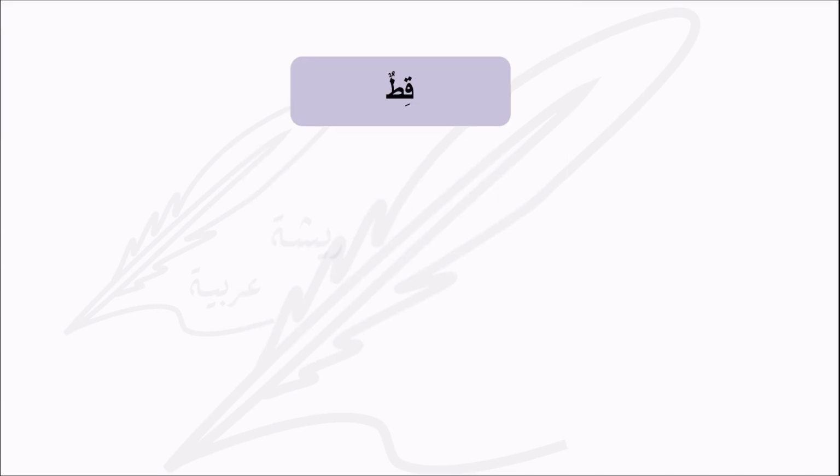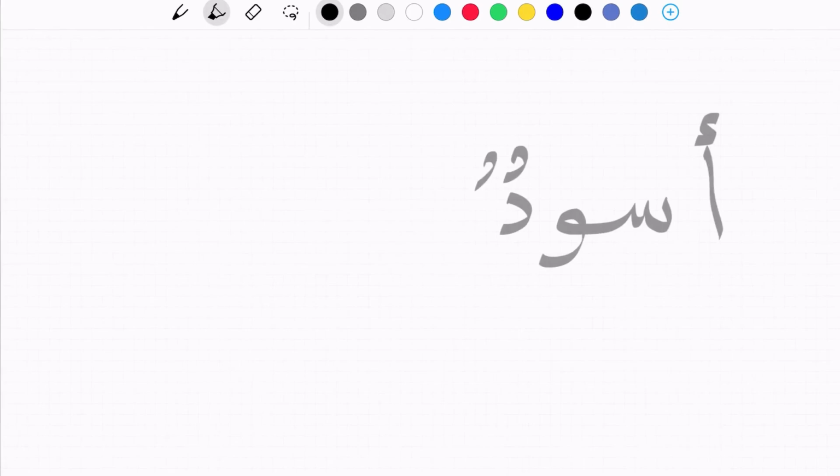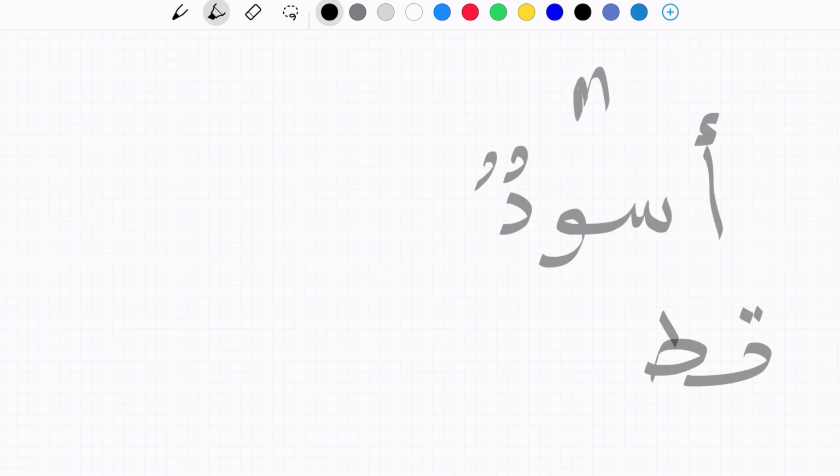Moving on to the following vocabulary, and that is a cat. A cat in Arabic, it's قط. And this is for a male cat. All right? So أسود is for something that is masculine, if we are describing a noun that is masculine.